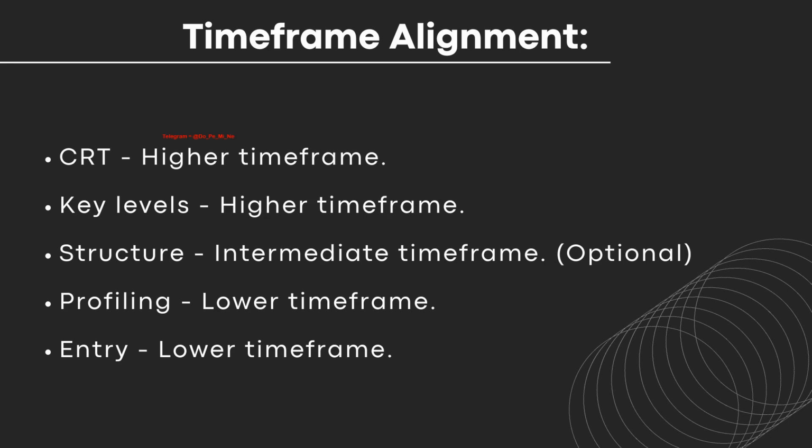Then we've got the lower time frame, which will be used for two functions: for profiling the market, meaning using market profiles to anticipate other profiles, and then for taking entries and finding entry setups. That's where you're going to execute your trades. So these are the three main time frames we'll use for our particular style of trading.